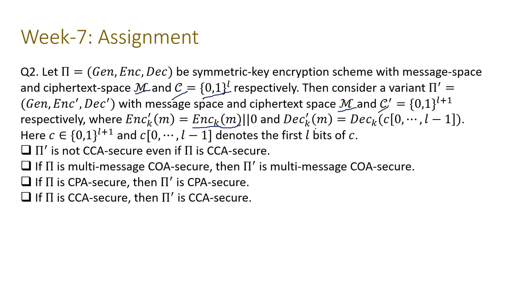In the modified decryption, we just ignore the last bit, which is the 0 bit, and run the normal decryption algorithm of scheme pi on the first L bits of the ciphertext. That is how encryption and decryption are run in the modified pi dash scheme.